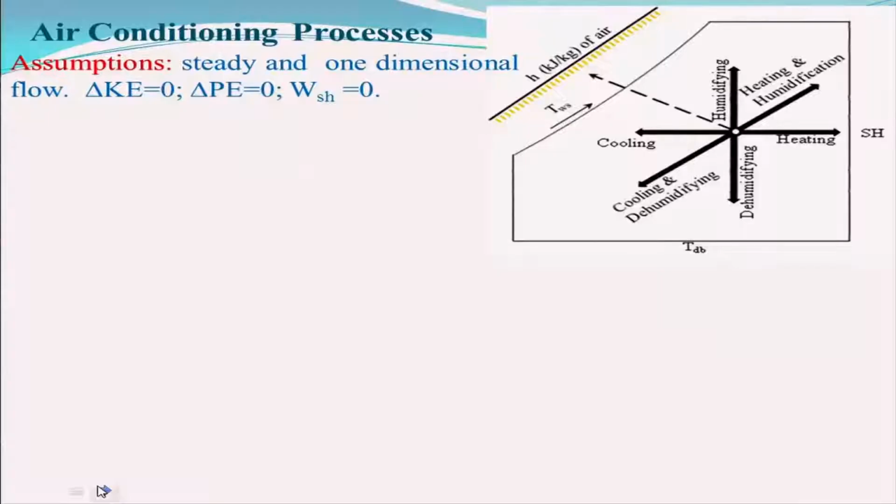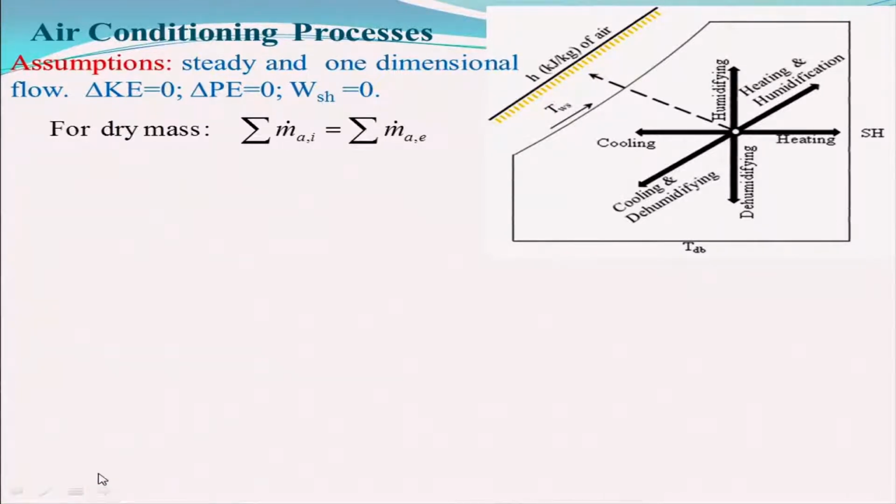Also uniform flow, though flow need not be uniform in an air conditioning duct and air conditioner, right? And change in kinetic energy is 0, change in potential energy is 0, and we are not using any shaft work, so we can consider it to be 0 shaft work. These things we will be doing in all the cases, I need not repeat.